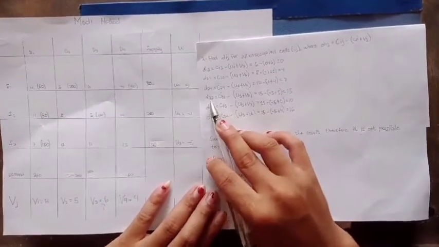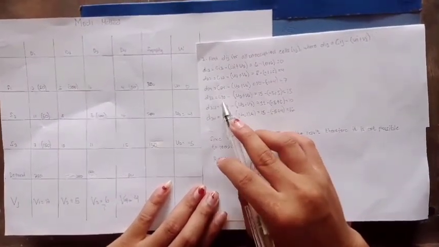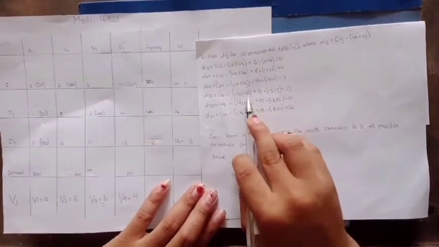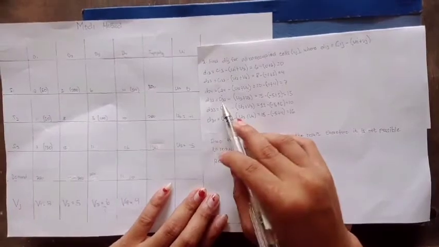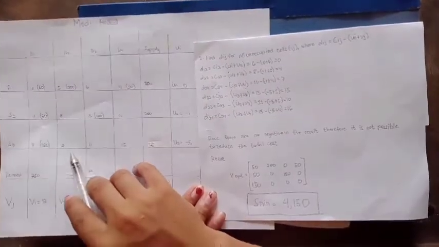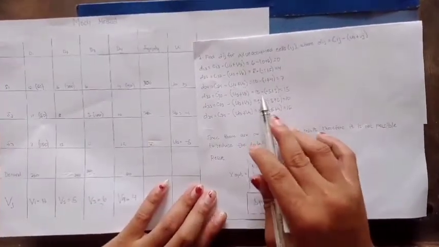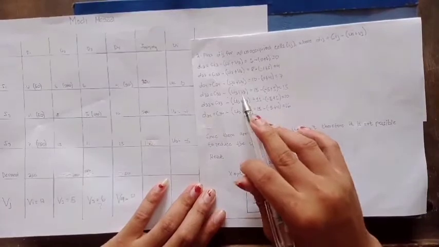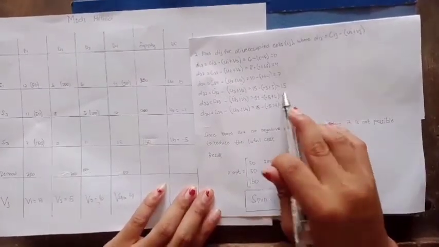So next is D32 is equal to C32 minus U3 plus V2. Our C32 is 15, so 15 minus our U3, which is negative 5, plus our V2, which is 5, is equal to 15.